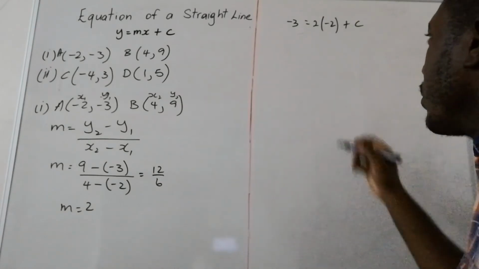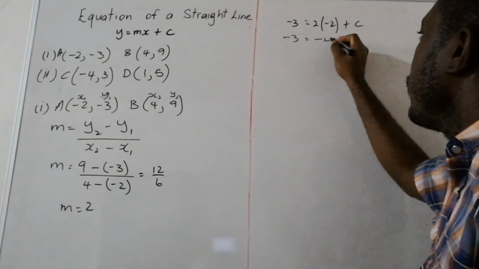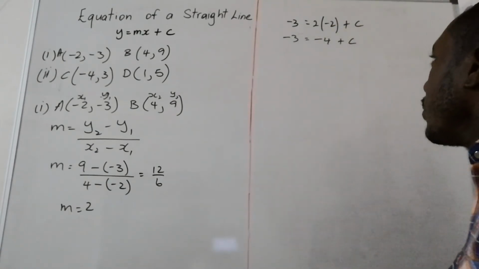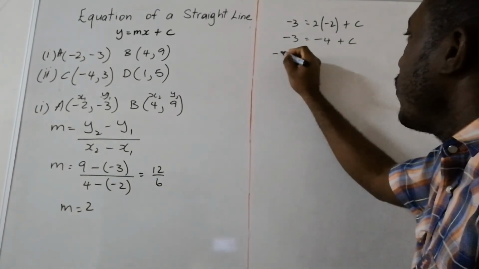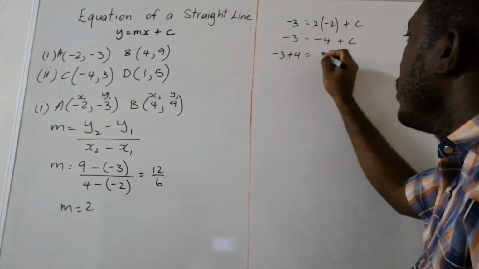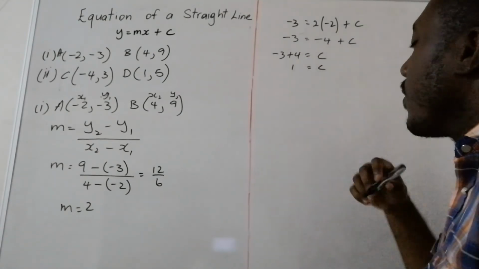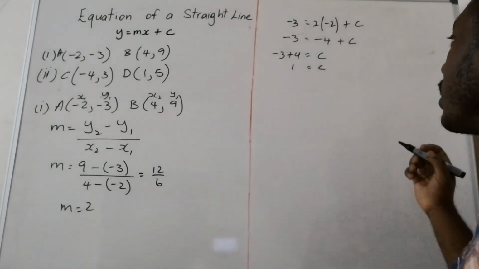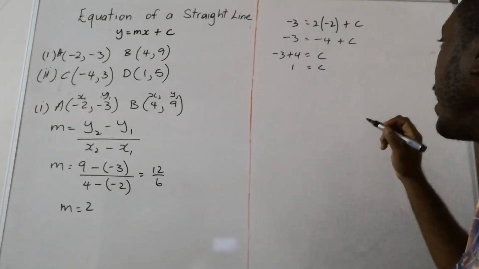So working this out, we'll have negative 3 is equal to negative 4 plus c. 2 times negative 2 will give us negative 4. Then we take that over. So negative 3 plus 4 is equal to c. So that will give us 1. So the point where the line cuts the y-axis is at 1, the y-intercept.